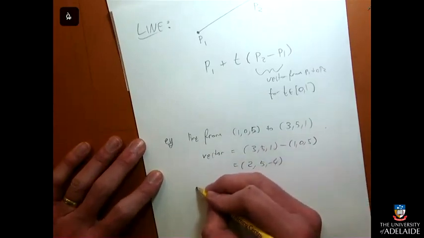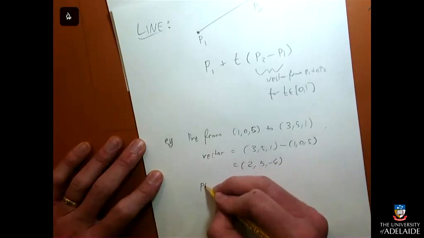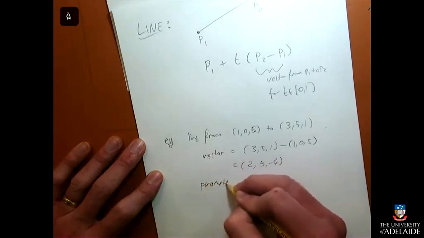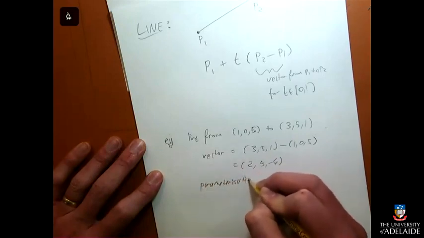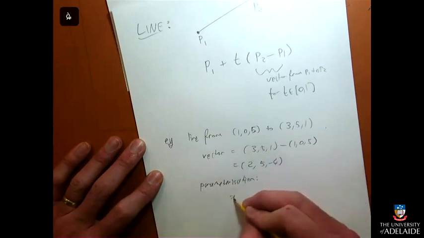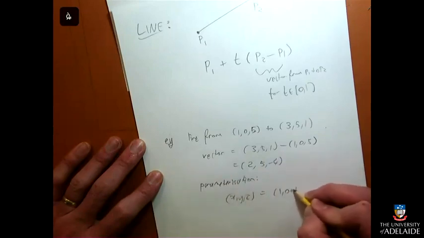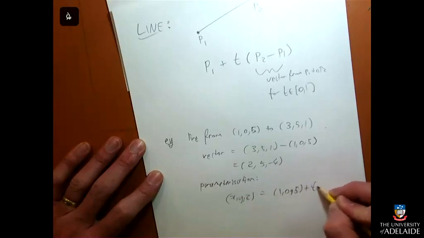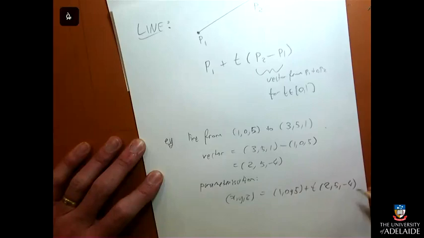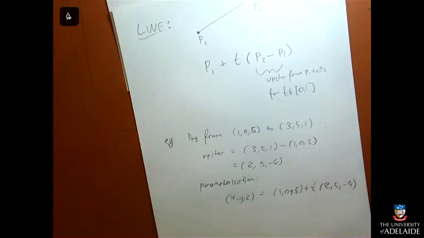And so the parameterization x, y, z is beginning position plus t times the vector between them. Classic.